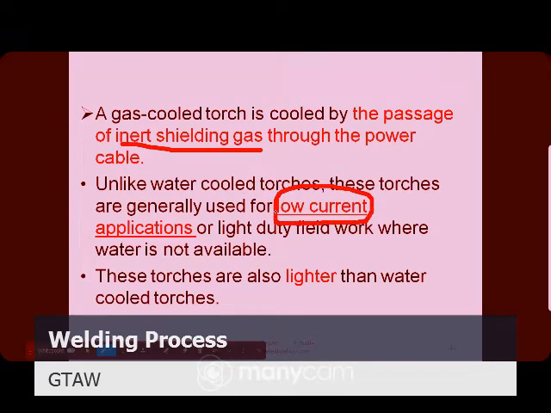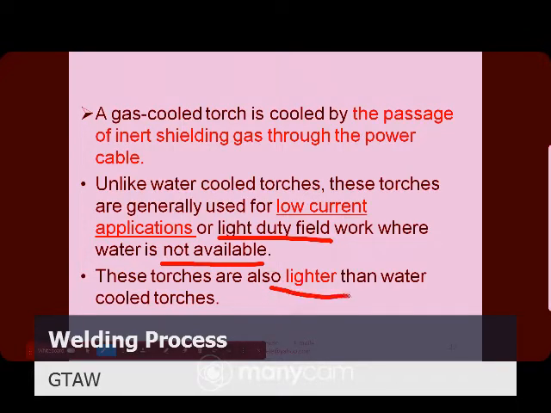The gas cooled type is used for low current applications or light duty field work where water is not available. We can select depending on the application. It is also lighter than the water cooled type.